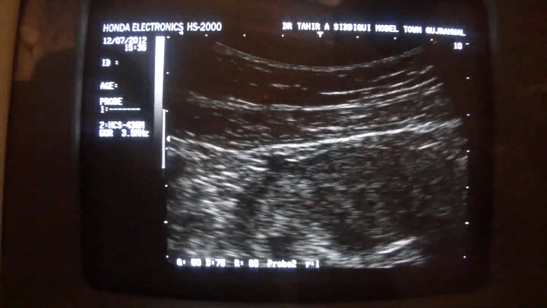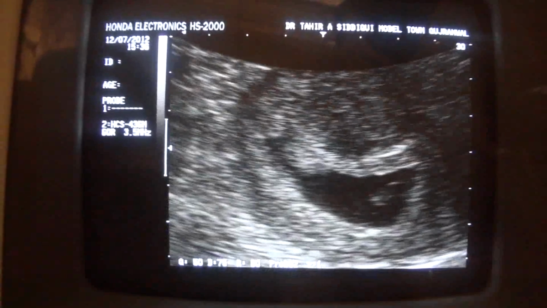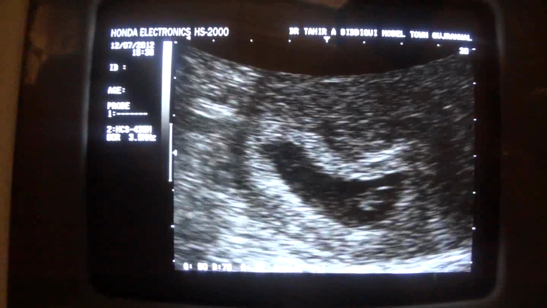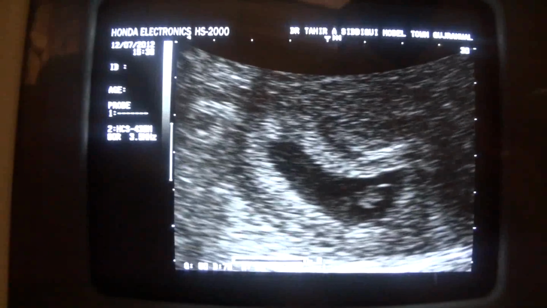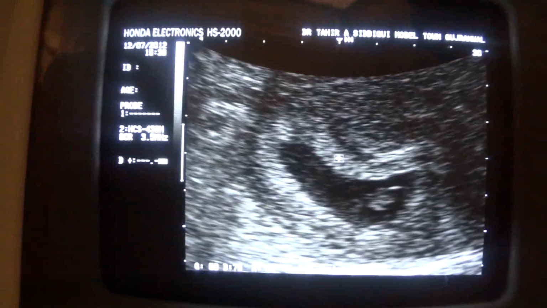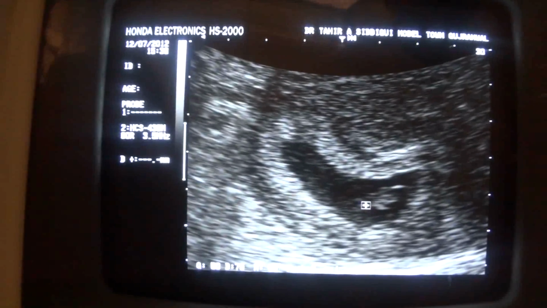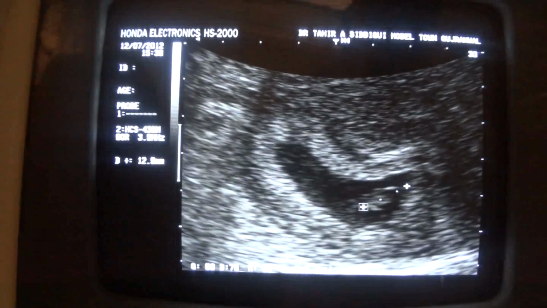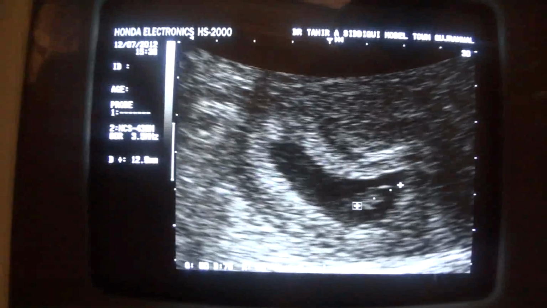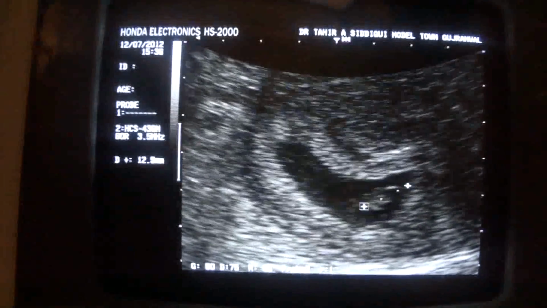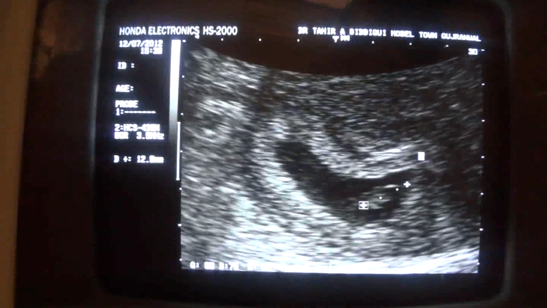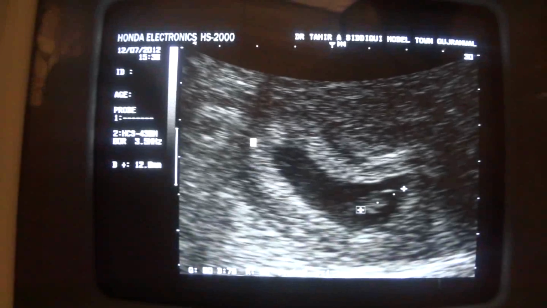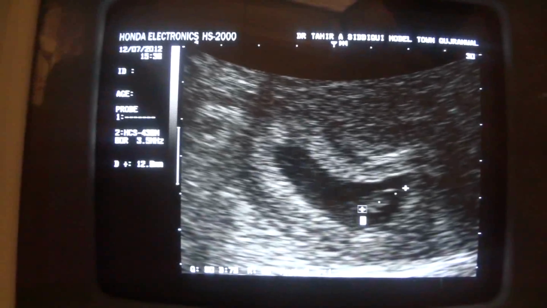For this, try to magnify if your machine is of an ordinary level like mine. Now you see this is the fetal pole measuring 12.9 millimeters. This is the double decidual reaction, this thick echogenic rim. This is the gestational sac.